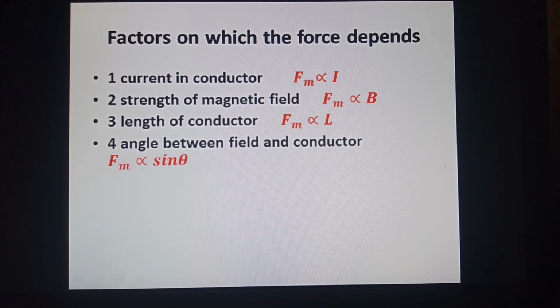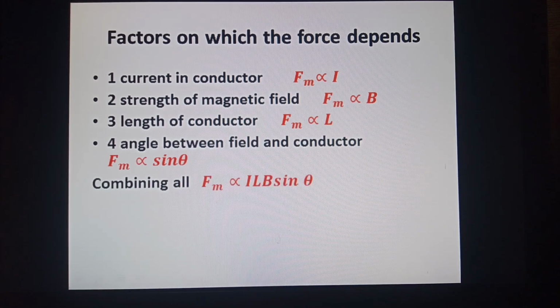Now students, we combine all these four facts in a single equation. So we get Fm, means magnetic force, is proportional to ILB sine theta. I is the current, L is the length of conductor, B is the strength of magnetic field, and theta is the angle that the current carrying conductor makes with the magnetic field.